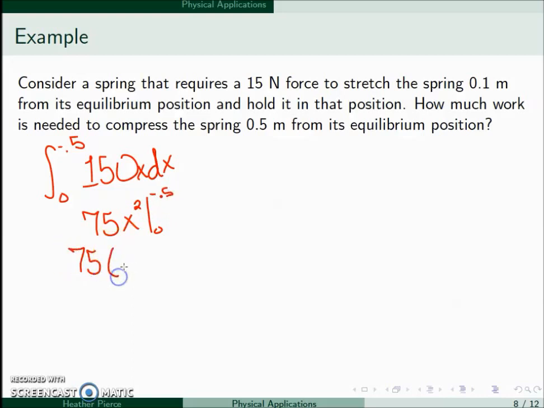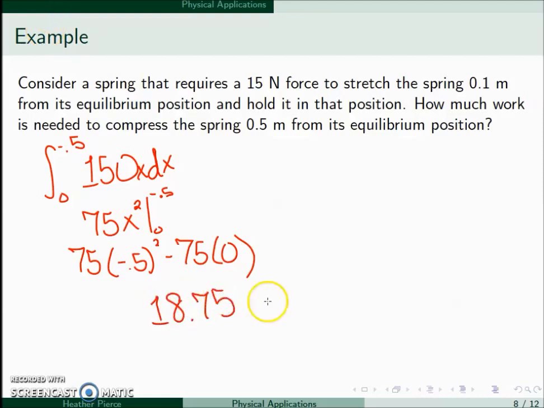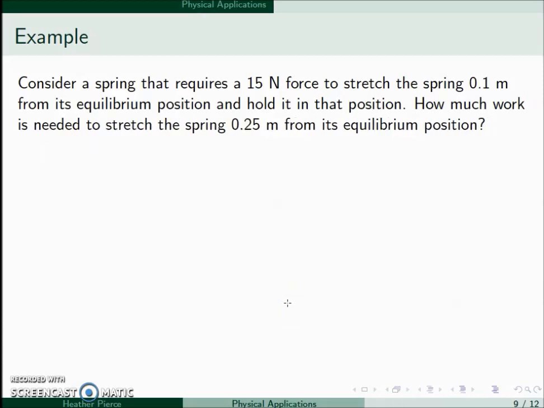So 75 times minus 0.5 squared minus 75 times 0, which gives us 18.75.